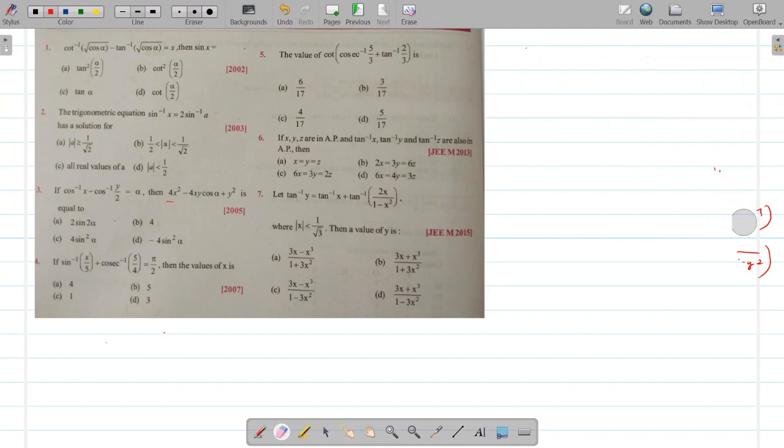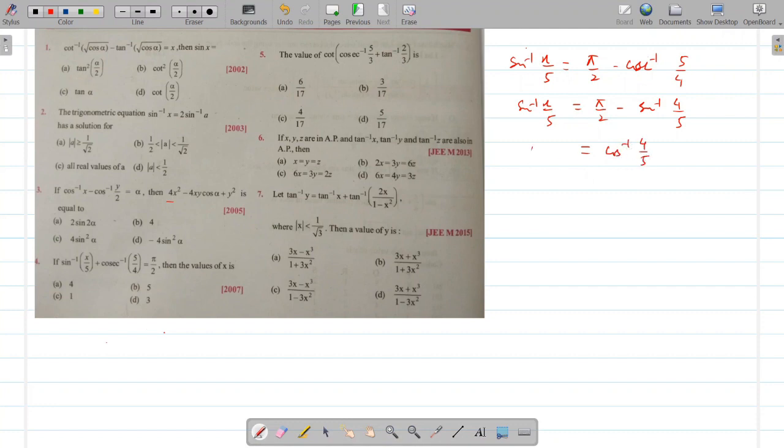So what you can do here is write sine inverse of x by 5 equal to pi by 2 minus cosec inverse of 5 by 4, and then you can write pi by 2 minus sine inverse of 4 by 5. So pi by 2 minus sine inverse of 4 by 5 will become cos inverse of 4 by 5, and this is the value of sine inverse of x by 5.